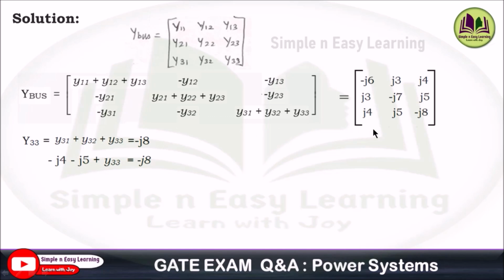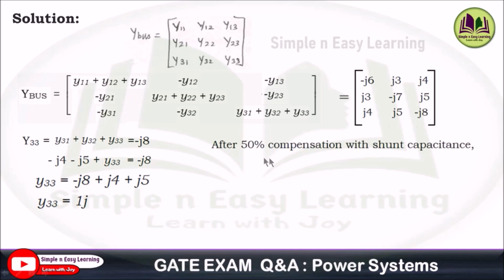And y32 is j5, so it is minus j5, plus y33, which is what we are going to find, equal to minus j8. Taking minus j4 and minus j5 to the other side, they become plus j4 and j5, so we get 9 minus 8, which is 1. So y33 equals j1.